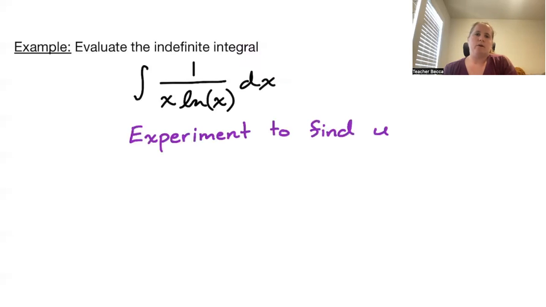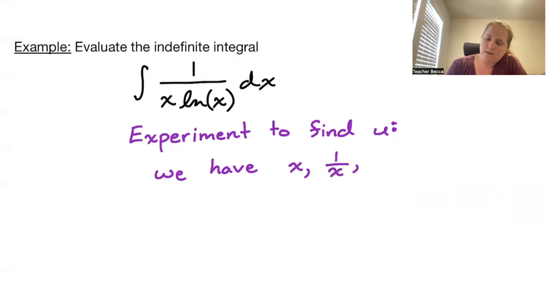All right, so we have x, 1 over x, natural log x, and 1 over natural log x as our possible choices.